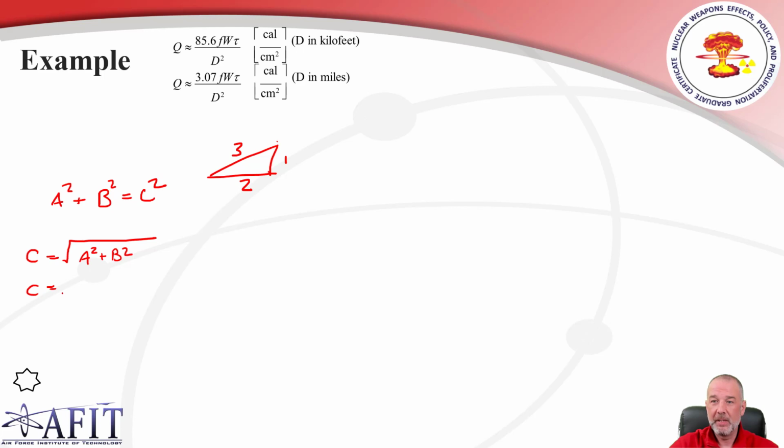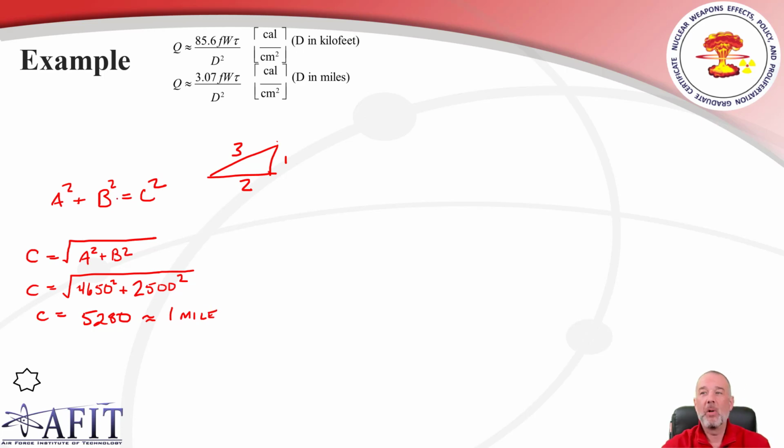Okay, so then we can plug the numbers in. Again, we're just working in feet. So I said it's 4,650, and we're going to add to that the 2,500, and that's going to be equal to 5,280 feet, which we're going to say is 1 mile, so we have nice smaller numbers so that we can use this formula right here.